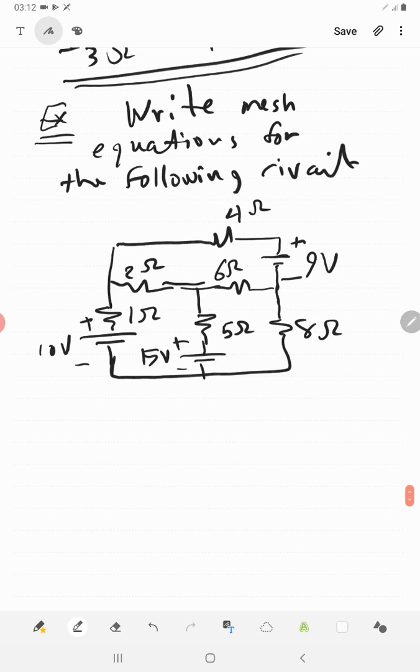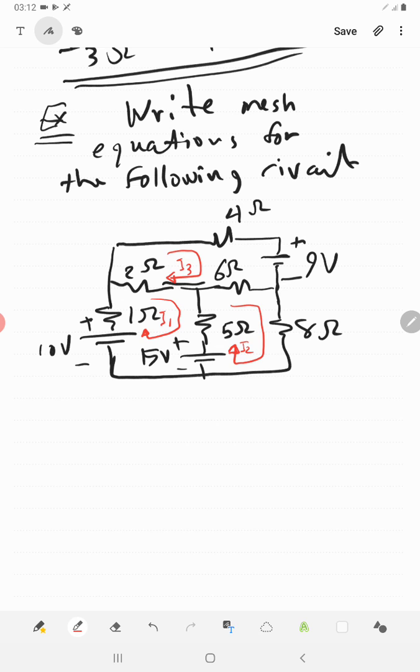Now, we want to just write mesh equations or loop equations. Let's assign these loops here. Say this is I1, and this here, always in clockwise direction, is I2, and this is another loop, let's say I3.